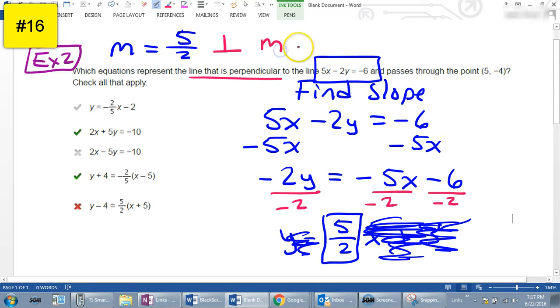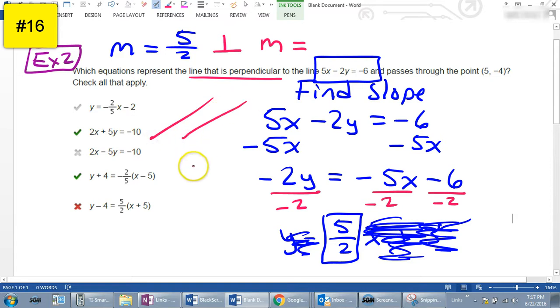So remember what we talked about on the black screen. If one line has a slope of 5 over 2, what will be the slope of a perpendicular line? Isn't it perpendicular the same? No, that's parallel, right?